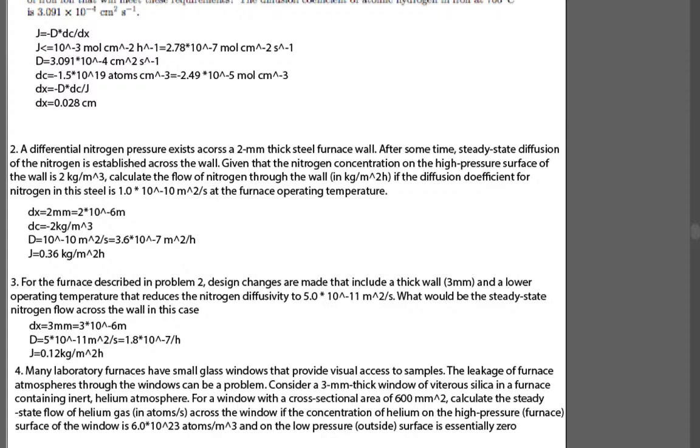Oh, that would make all of the calculations simple. The diffusion coefficient for helium in vitreous silica at this wall temperature is 1.0 times 10 to the power of negative 10 meters squared per second. Okay.